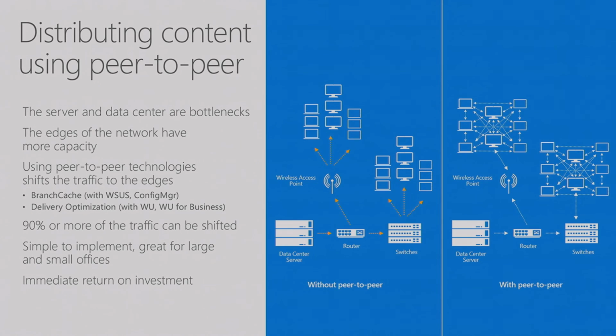We have another technology called delivery optimization. Delivery optimization is more of a cloud-based service. If you're using Windows Update or Windows Update for Business, this cloud-based service is very similar to BranchCache, but implemented differently. Instead of the clients just sending out broadcasts on the local subnet looking for peers, which is how BranchCache works, it will talk to a service in the cloud and say, I need this particular update, where can I get it?